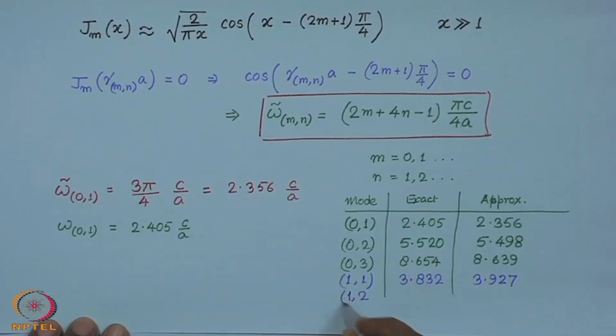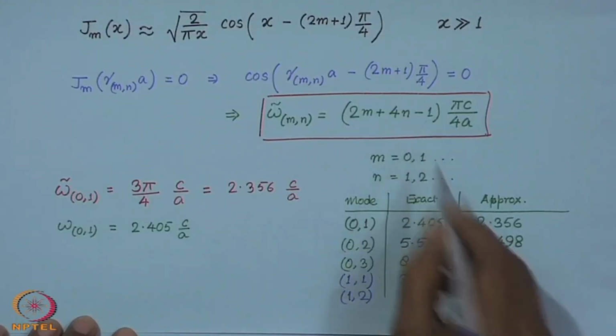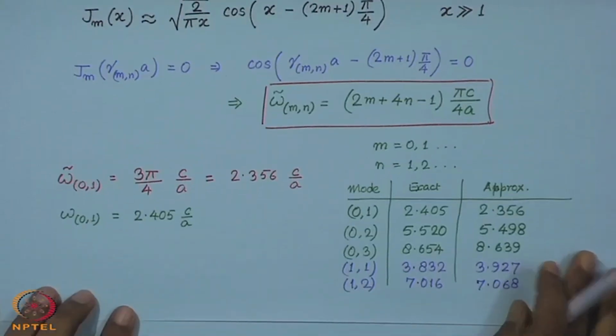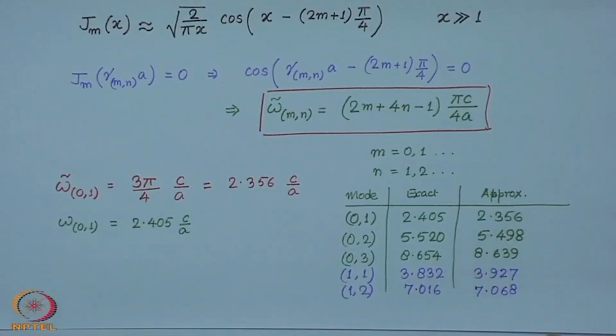For 1 2, the exact is 7.016 and the approximation obtained from here is. So, like this you can see that as you go to higher modes, in each case you are approaching the exact solution. So, that is the argument for the large value of the argument.